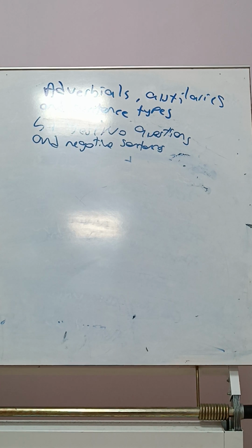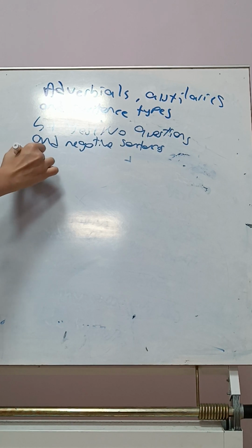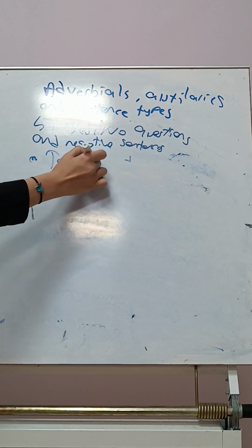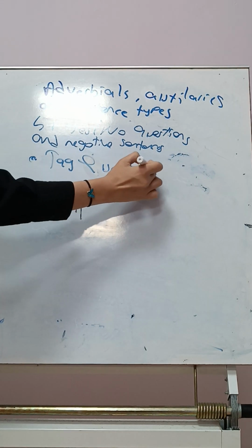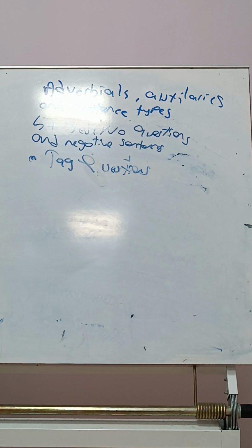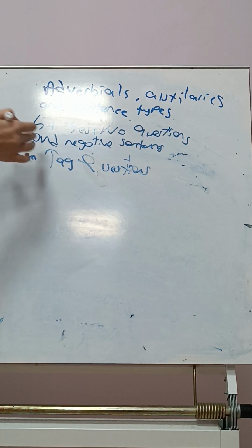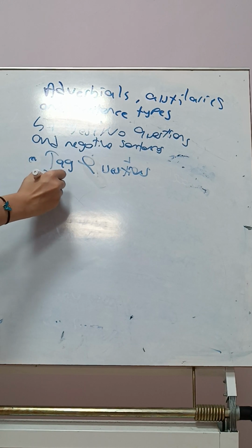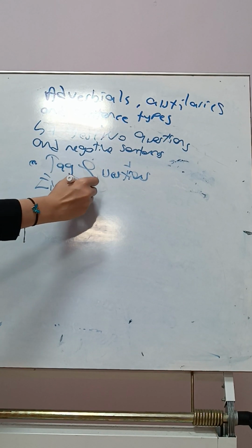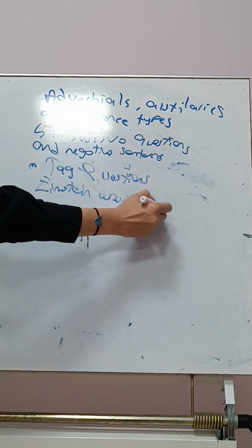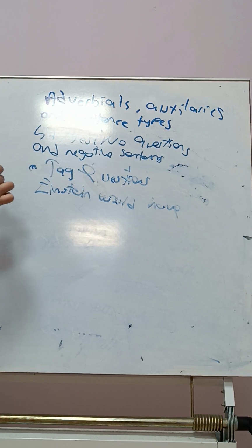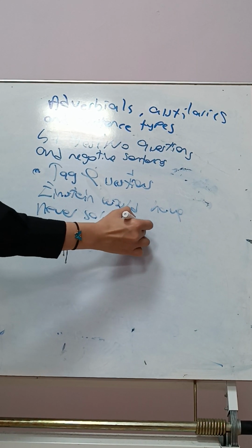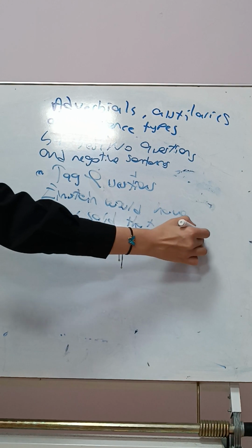Now let's look at the tag questions. Here, in this section, we have tag questions. Let me give an example for you. Einstein would have never said that, would he?